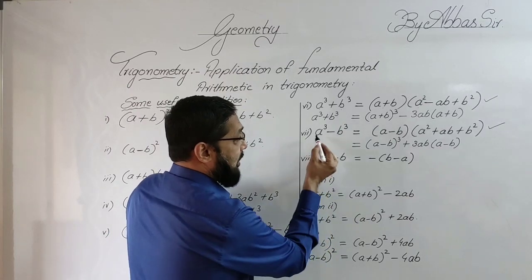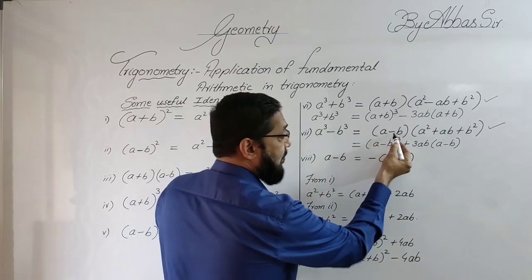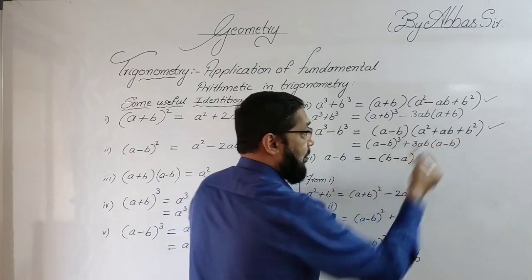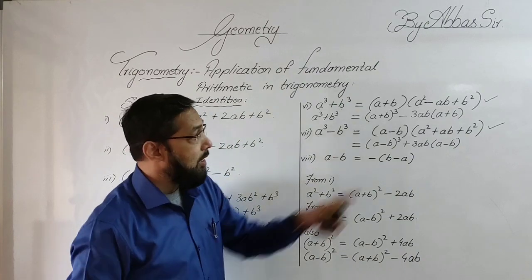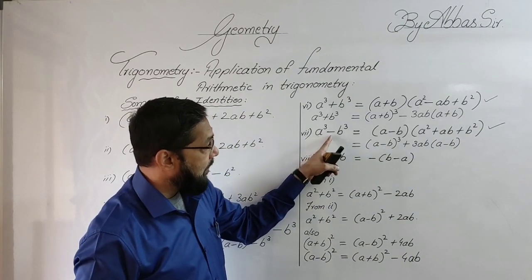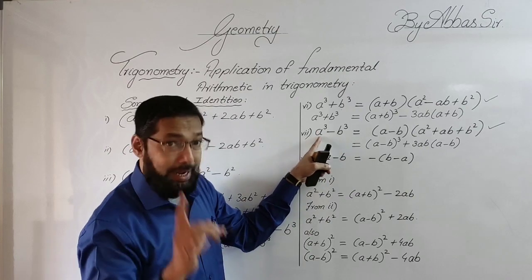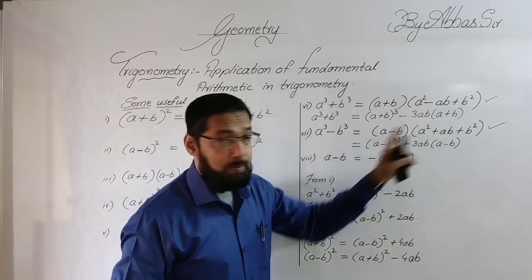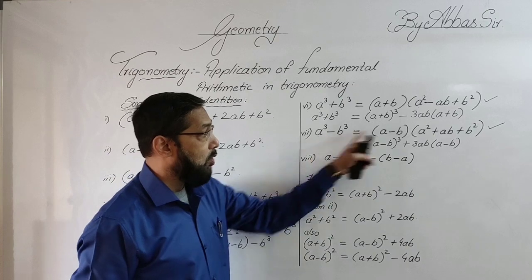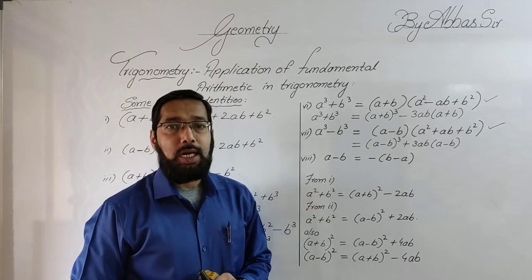Same here also. You can see a cube minus b cube is equal to a minus b multiplied by a square plus ab plus b square. Once again, you have converted a binomial into a product, and therefore this is also called as a factorization identity.